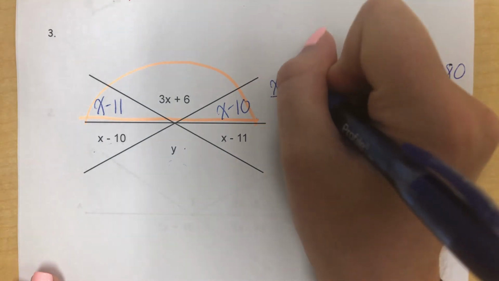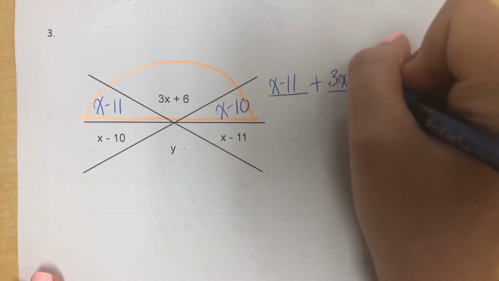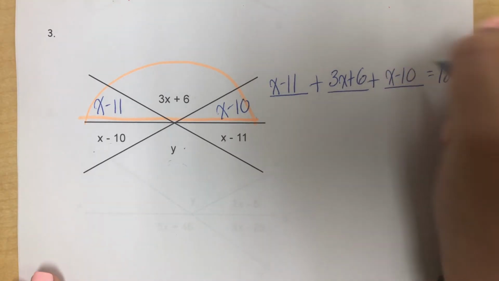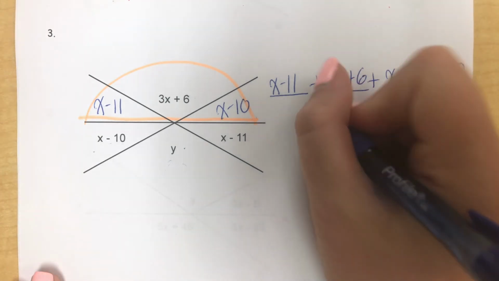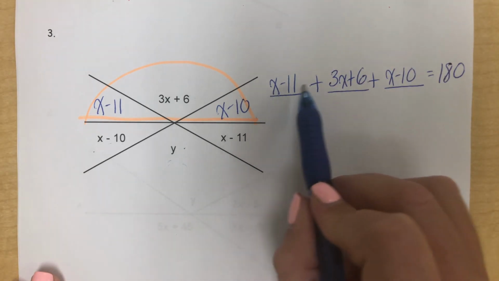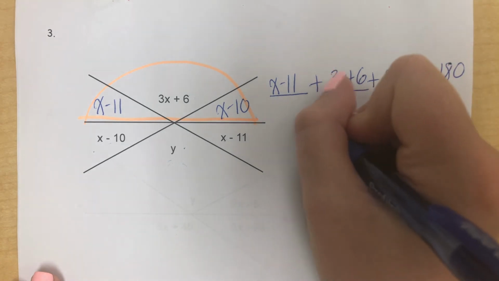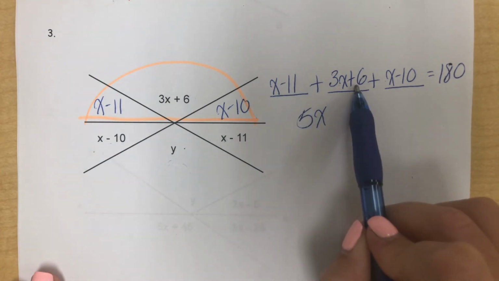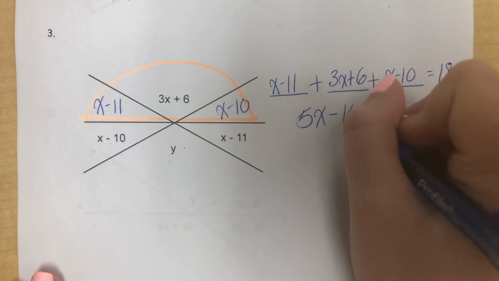So I have my first angle, x minus 11, plus my second angle, 3x plus 6, plus my third angle, which is x minus 10, and altogether it should equal 180. I'm going to go ahead and combine like terms. So x plus 3x plus x gets me a 5x. A negative 11 plus 6 minus 10 is a negative 15.